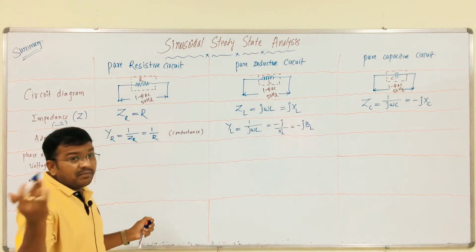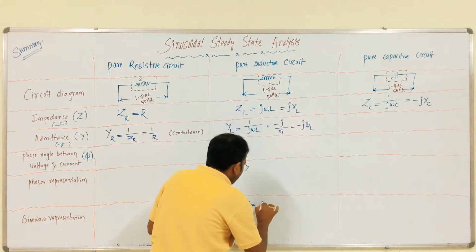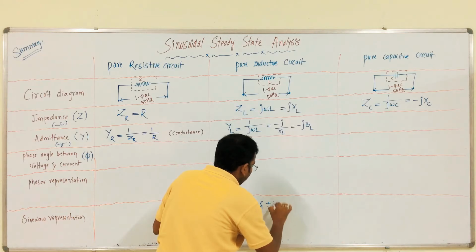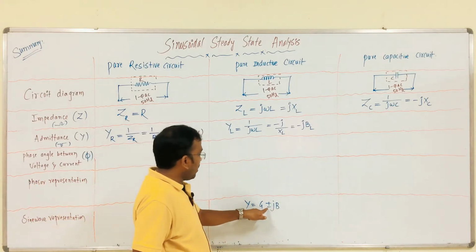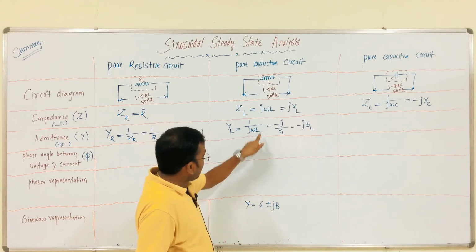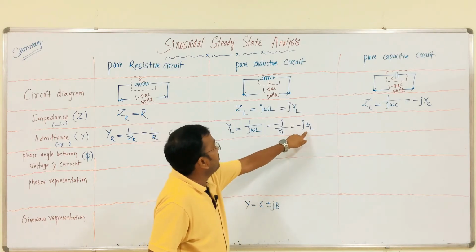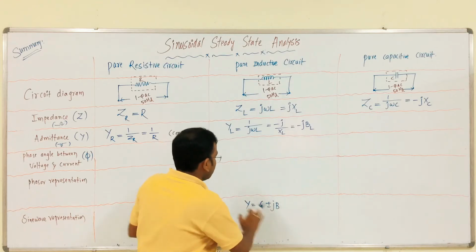What is the representation for admittance? Y is equal to G plus or minus jB, right? So, this is susceptance. For inductive circuit we have negative, minus j BL, that is why inductive susceptance. Clear?